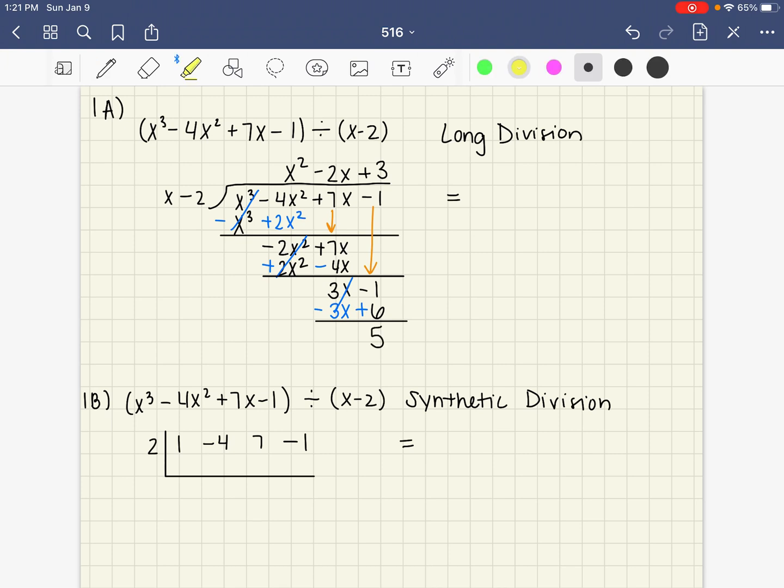Now when we have a remainder, our remainder is 5, we write our top, what we got from division, then we add our remainder, that's our 5, and we put it over the original denominator. So this would be my final answer using long division.